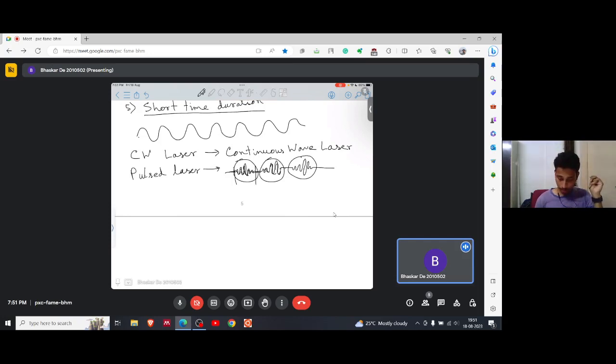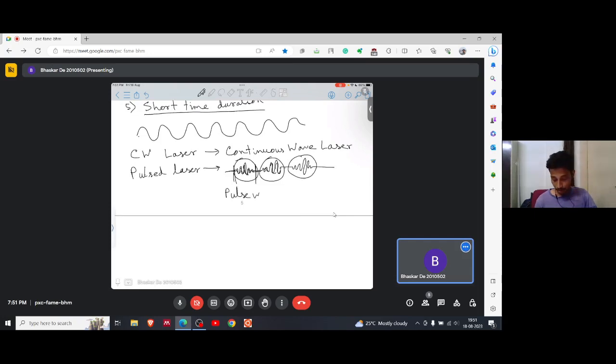The duration where the pulse is present is known as the pulse width.